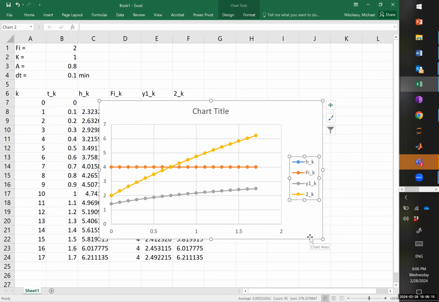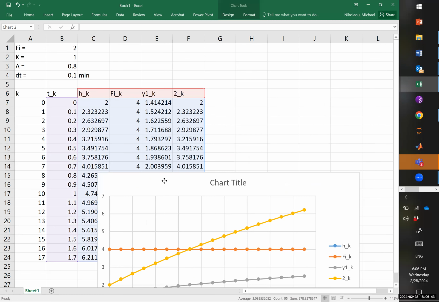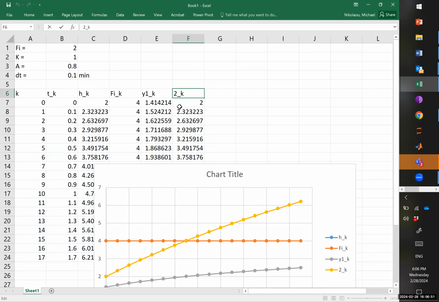So, where is H? H is behind Y2K because you just have Y2K equal to H. In your Excel, you just have Y2K as equal to H, so it's hiding it. So that there's the same value. Okay, great. Thank you.